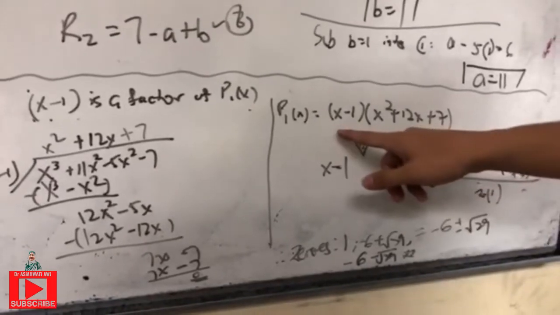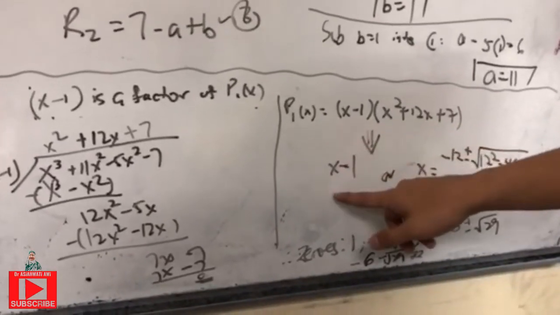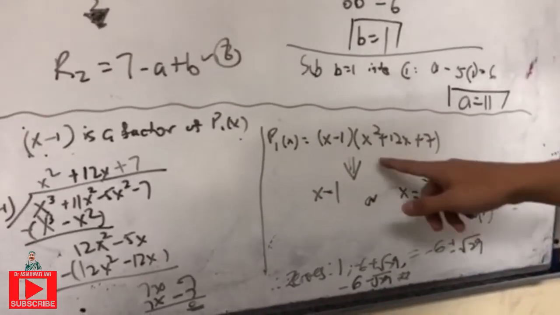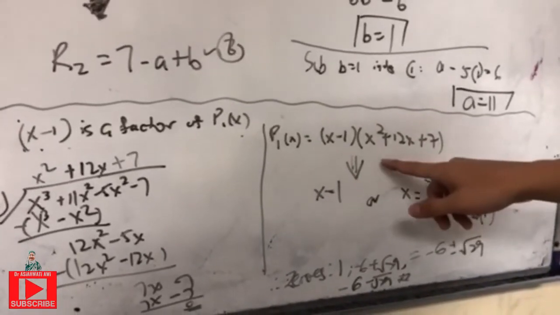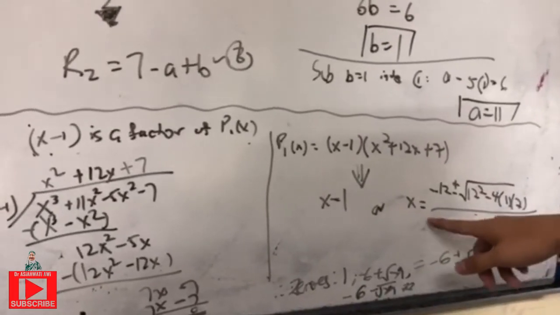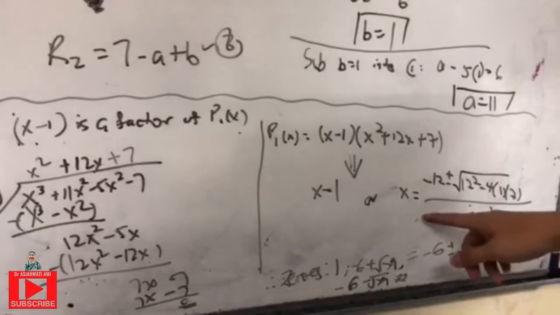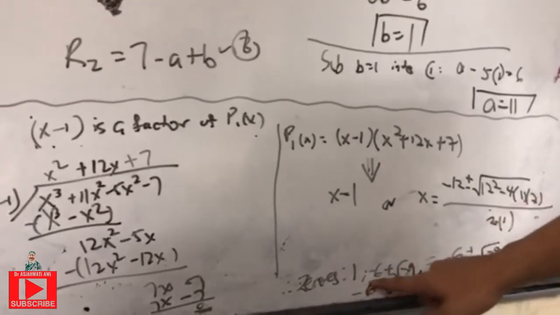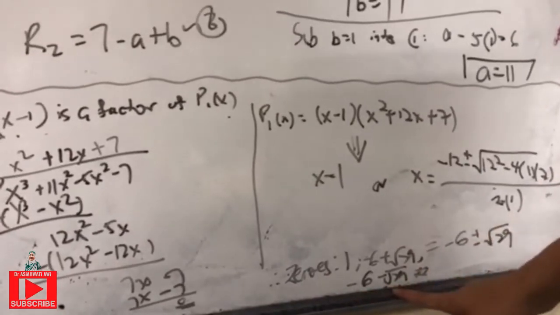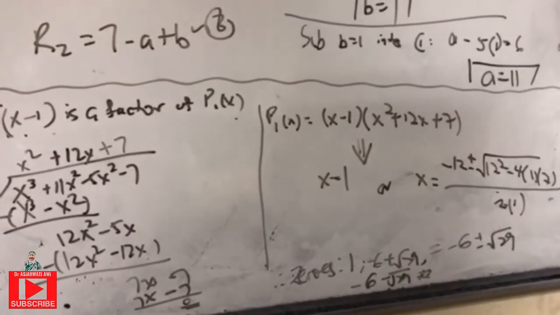And then for x minus 1, we know the root for x is equal to 1. For x squared plus 12x plus 7, this quadratic equation can't be factorized. So we find out the value of x by using the formula. After that, we find out our zeros equal to 1, negative 6 plus square root 29, and the third one is negative 6 minus square root 29.